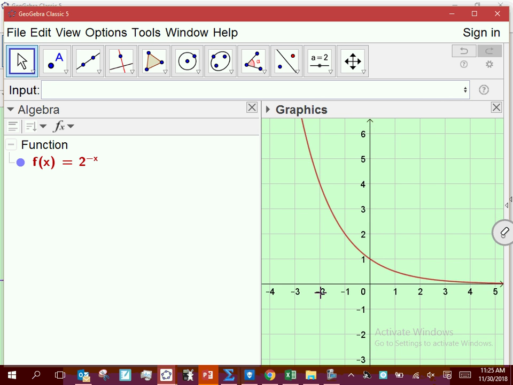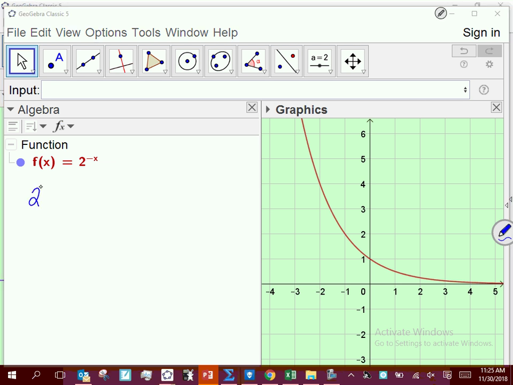Now here's a question. I think this is very important for us to understand. If I have 2 to the negative x, can I rewrite this way? Does this change anything at all? Is that still 2 to the negative x? Rewrite this one over here. Okay. Now because of my laws of exponents, because we're talking about understanding how our laws of exponents work, when I have a fraction raised to an exponent, laws of exponents tells me it's this, isn't it?